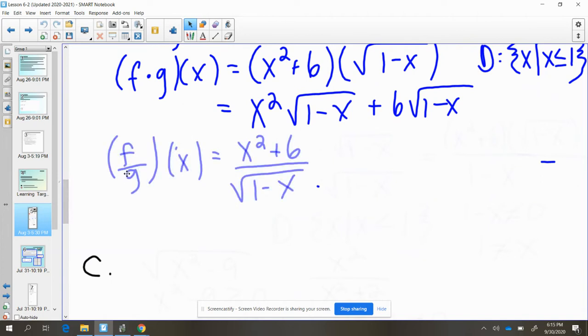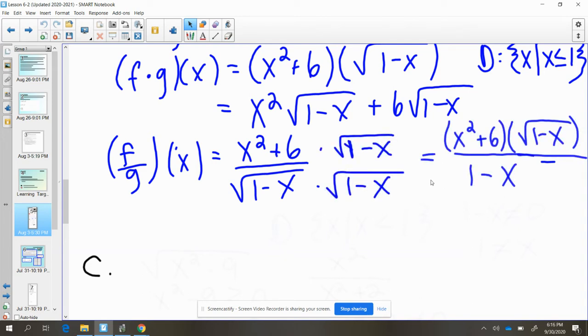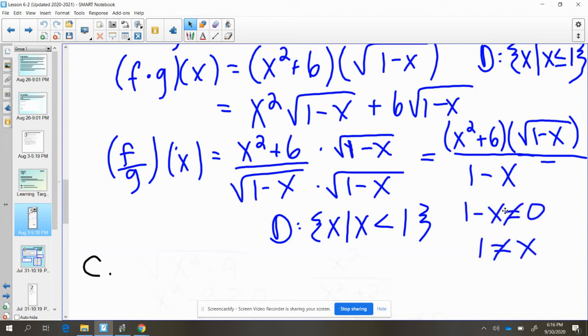And finally here, we have to be careful with this division, because not only is our domain going to be affected here when we're simplifying with anything less than. Notice we took away the or equals to 1 portion of this, because we can't have that denominator equal to 0, or equal to 1 anymore. So that's why it's everything that was not possible with the original functions f of x and g of x, but now we also have to take into consideration this denominator as well, so it affected the domain ever so slightly.